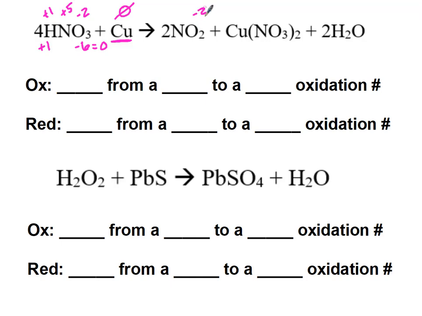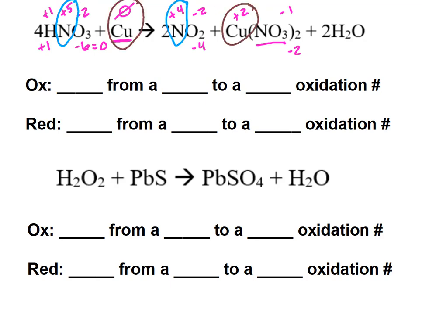Over here, oxygen's a -2 times 2, that's a -4. So nitrogen must be a +4 to cancel that out. Nitrate is a -1. -1 times 2 is -2. So copper is a +2. So at this point, we've seen our two things that changed.